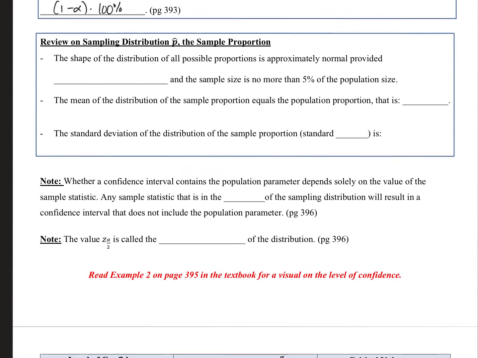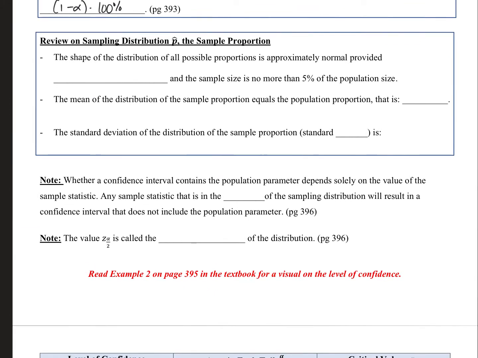Real quick, let's do a review on the sampling distribution of p hat for the sample proportion. The shape of the distribution of all possible proportions is approximately normal, provided that n times p times (1 minus p) is greater than or equal to 10, and the sample size is no more than 5% of the population size.